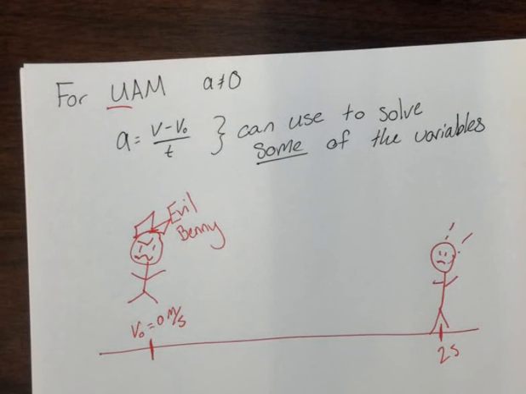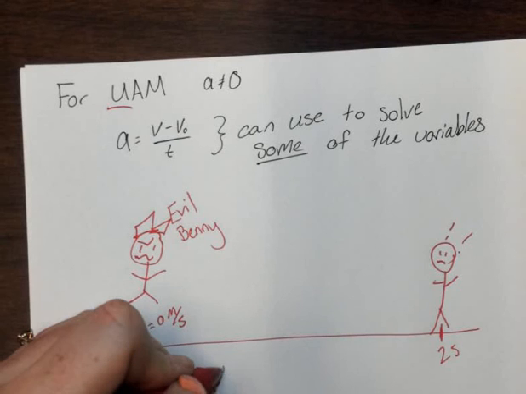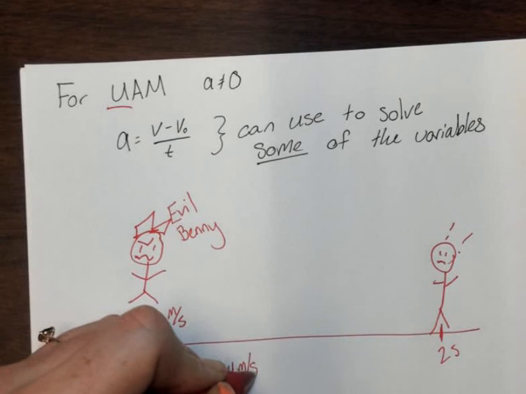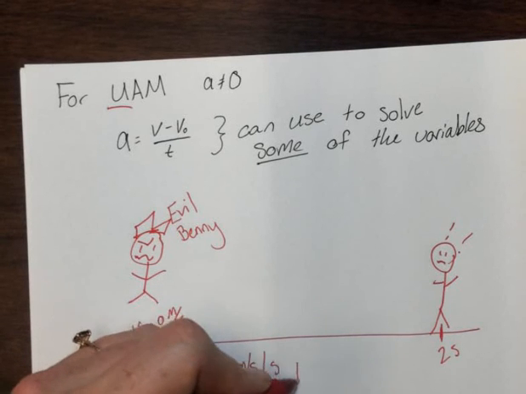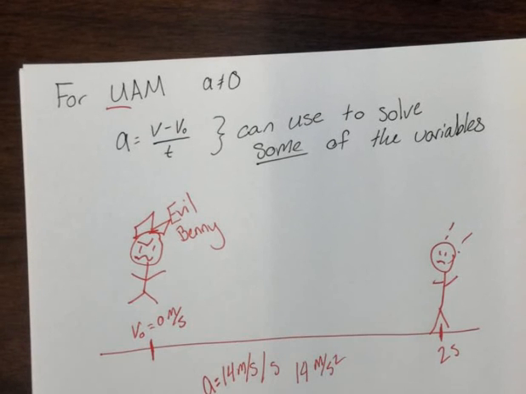What will Benny's final velocity be if his acceleration is 14 meters per second every second, or 14 meters per second squared? Evil Benny's pretty quick.